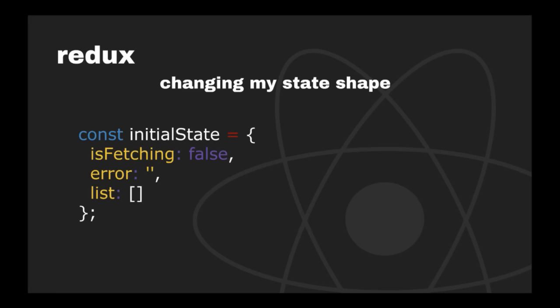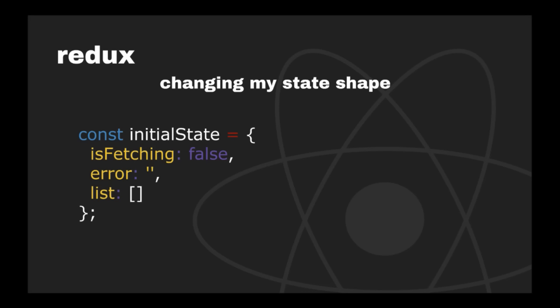For example, to know if we are fetching data or if we already finished a request, failing or receiving the data. If we are failing a request, we need to have an error string there to know if something failed. And finally, we can have our list of data if everything went okay.